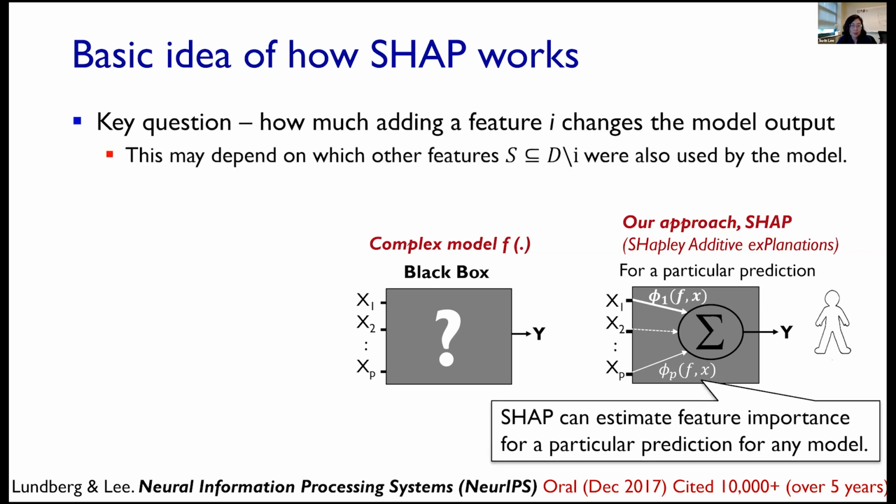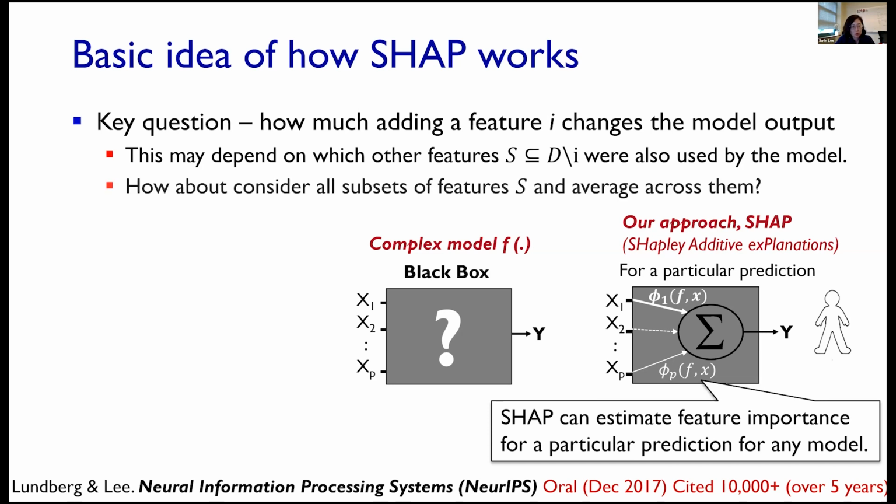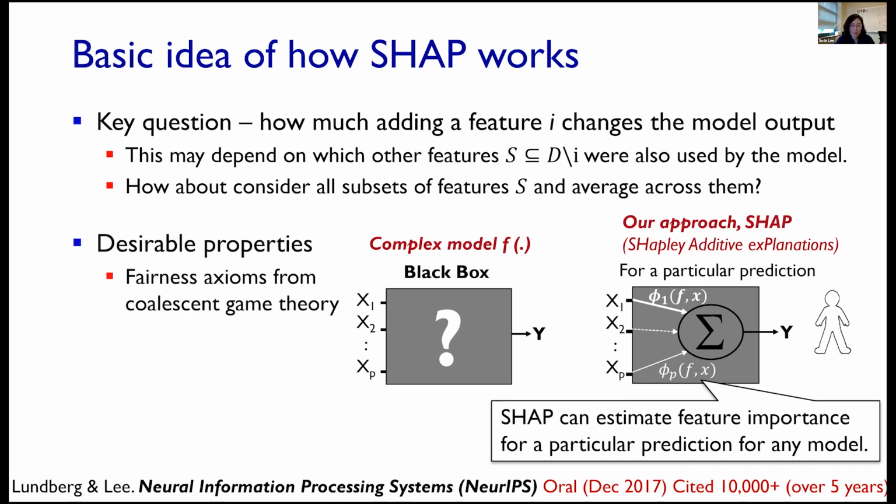This may depend on which other features are also used by the model, the subset of features. So how about we consider all subsets of features S, and average the effect of adding feature i across all subsets. By doing that, cooperative game theory guarantees that the Shapley values satisfy fairness axioms, which many other methods in this domain do not.